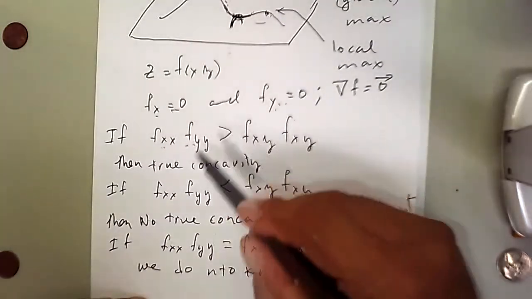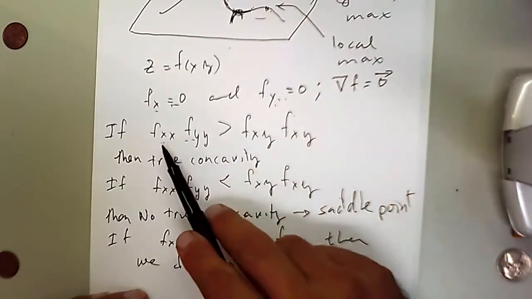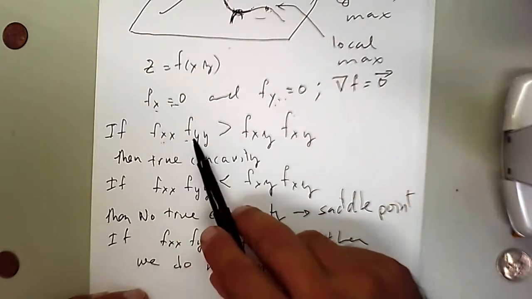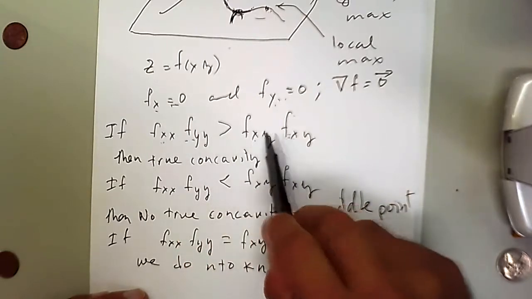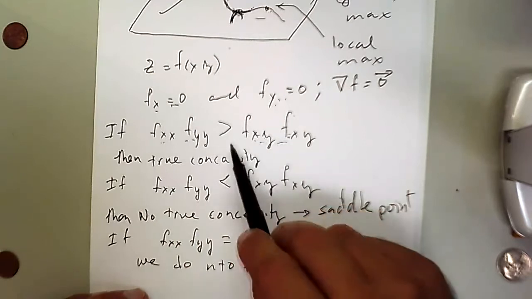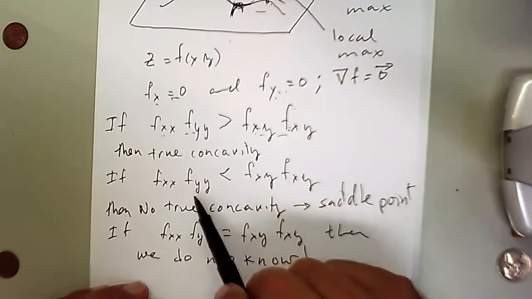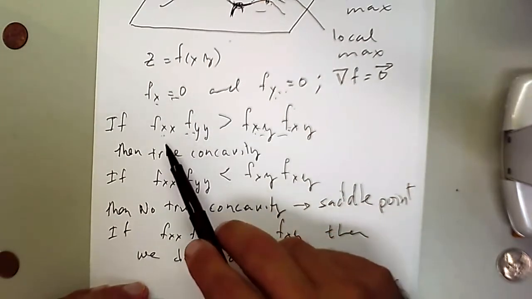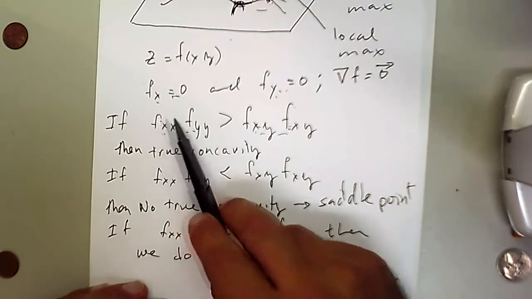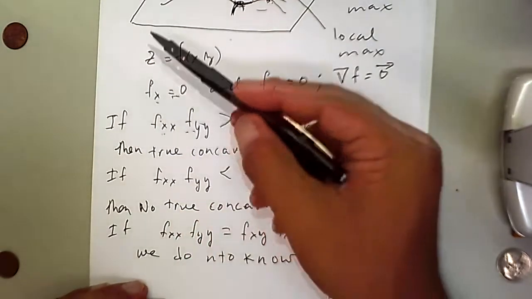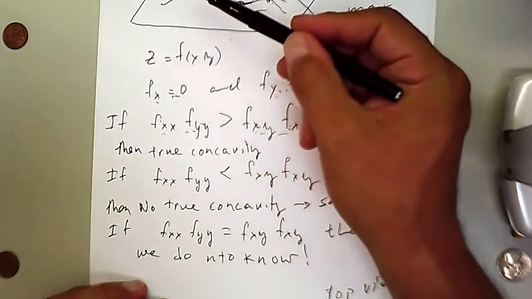Okay, so this is the test. Remember, if the two multiplied together are greater than the combined multiplied together, then we have a true concavity. And once you establish that, all you have to do is check one or the other, because both are going to be positive.